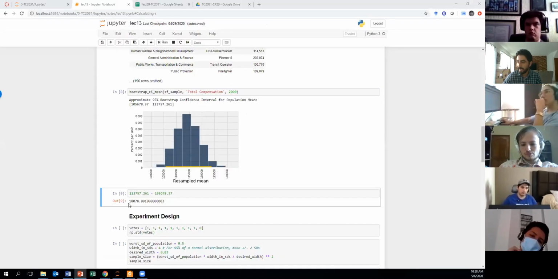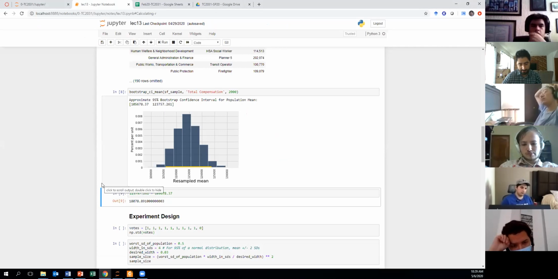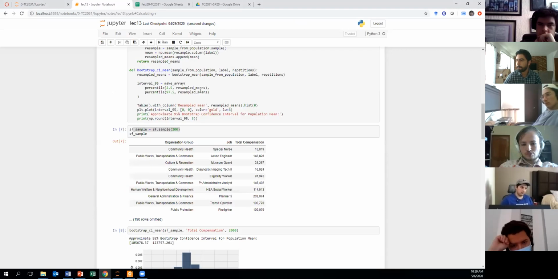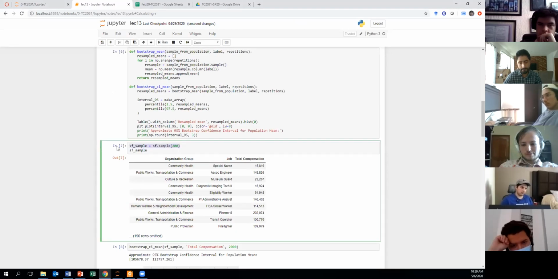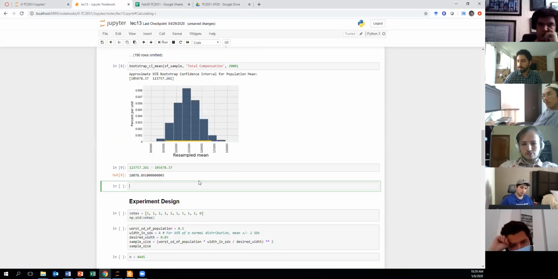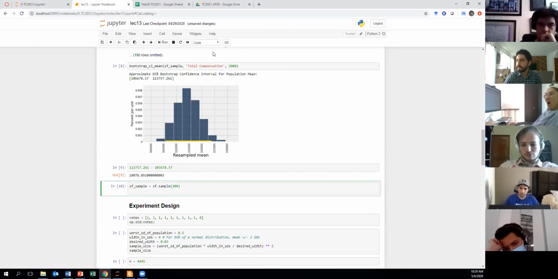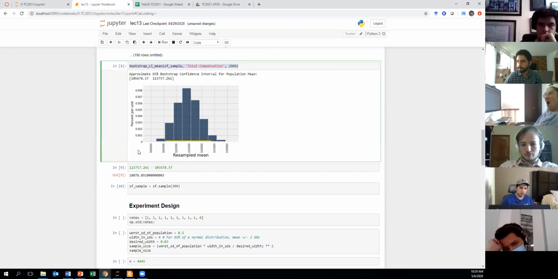Now my width is 18,000, which is much bigger than what I'm expecting. So any insight? What should I do? How should I change my sample size?